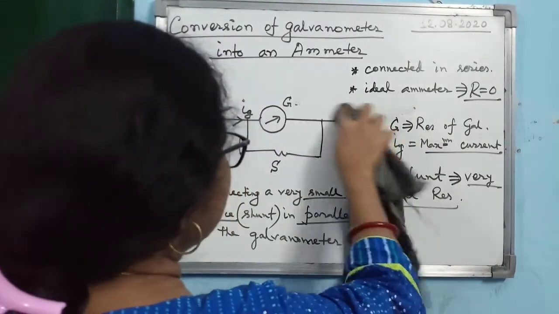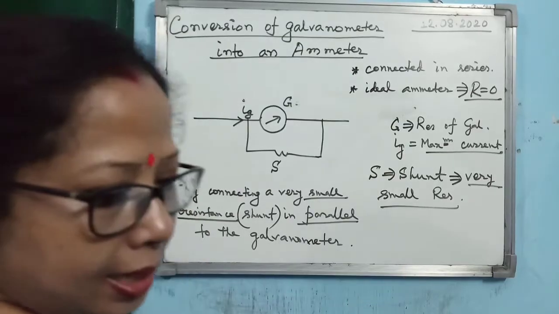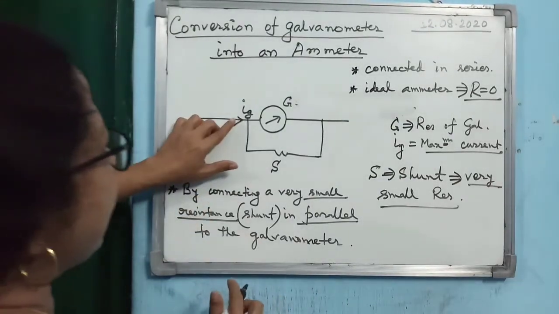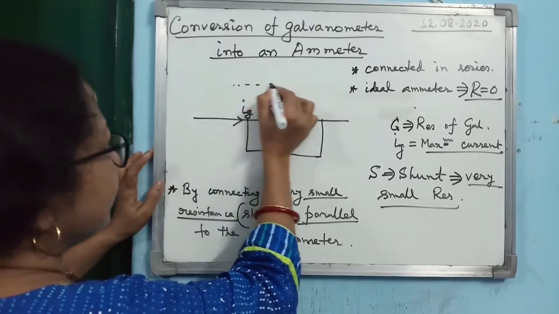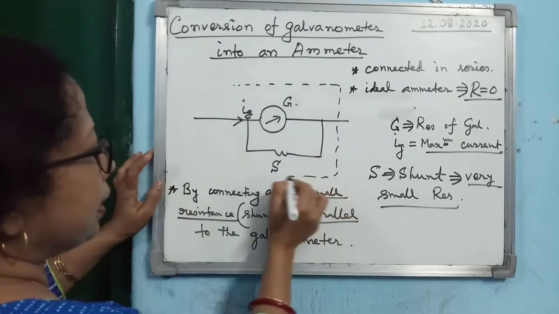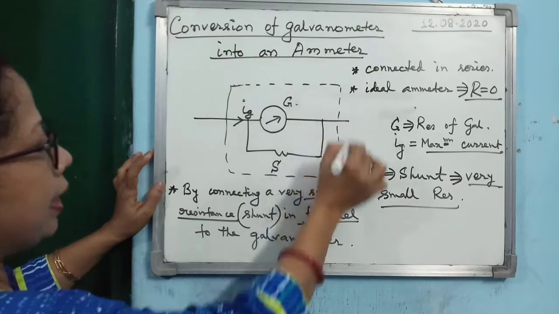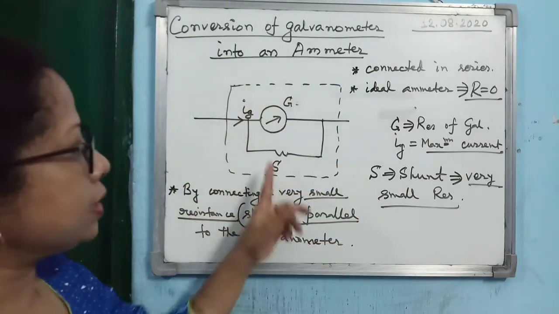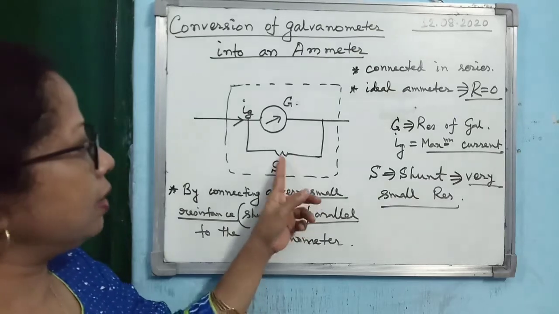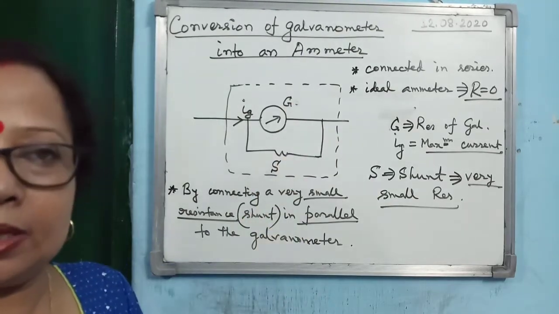You show G is the galvanometer and Ig is the maximum current passing through it. Then this is the ammeter. Whatever is within the dotted line is the ammeter, means you have connected a shunt in parallel to the galvanometer.